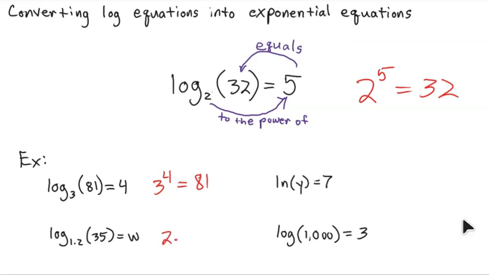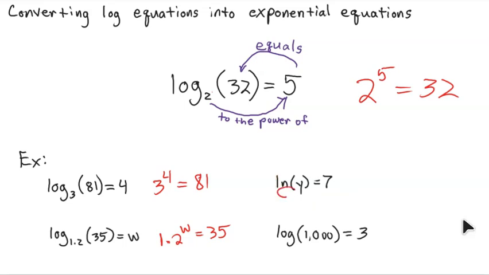So 1.2 to the power of w is equal to 35.